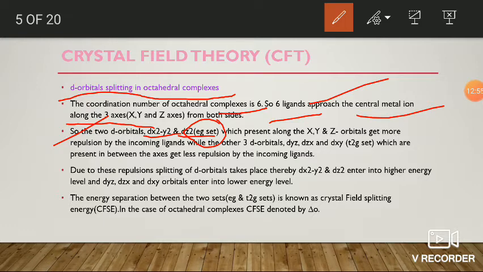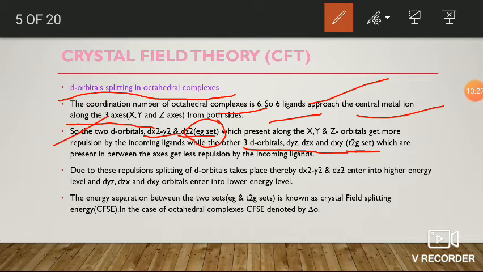The remaining 3d orbitals, that is dyz, dzx, dxy orbitals, are combinedly known as the T2G set. These 3d orbitals are generally located in between the axes. So there is somewhat less repulsion between these three d orbitals and the approaching ligands, because the ligands are coming along the axis.